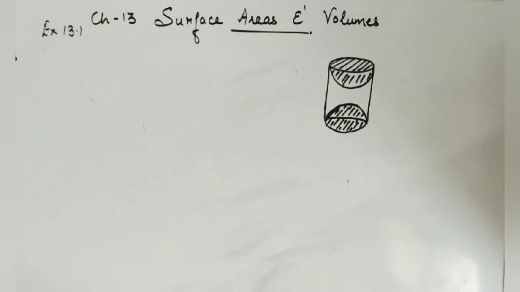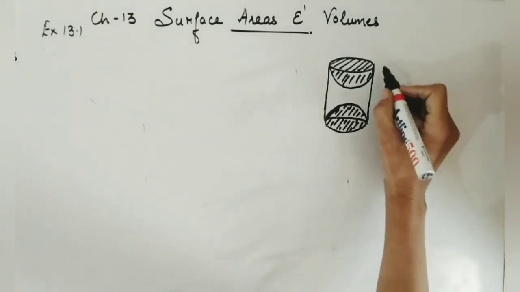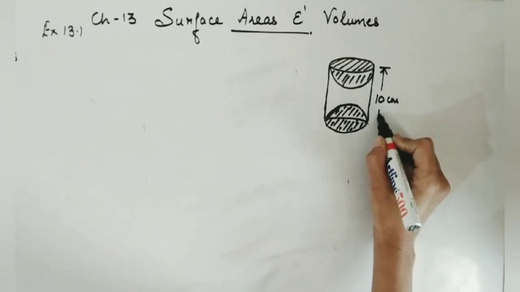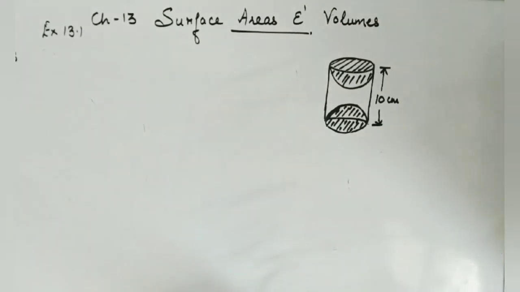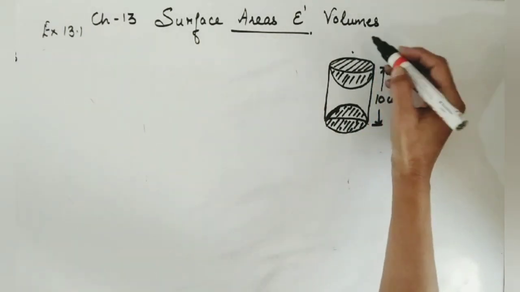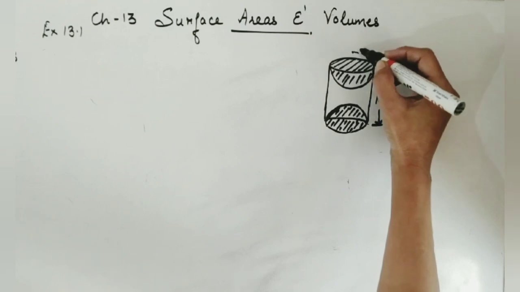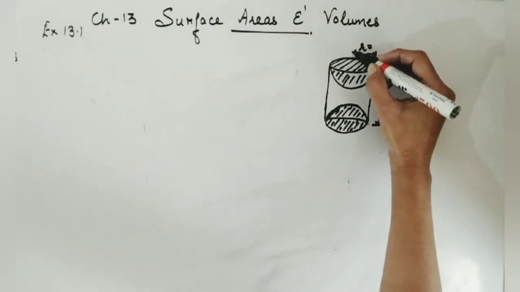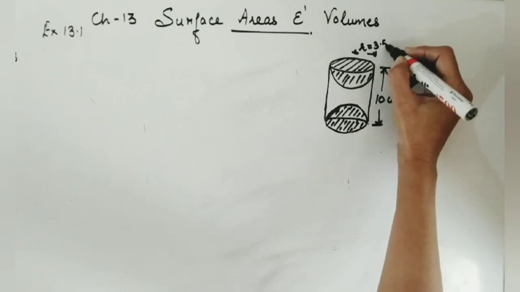If the height of the cylinder is 10 cm, the total height of the cylinder starting from here, this total height is 10 centimeters, and its base radius r is 3.5 centimeters.